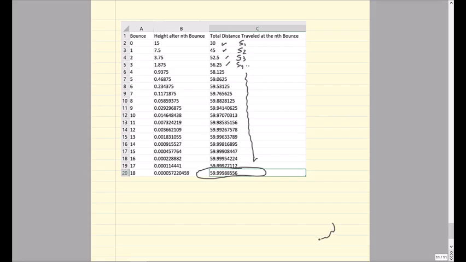So that tells me the total distance traveled is approaching 60. The arrow means approaching. I don't know if we were using inches or kilometers. I think we were using meters. So that's what this information is telling me.